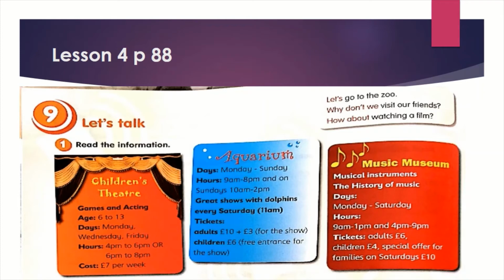First one, children's theater. It is about games and acting. The age, 6 to 13. Days, Monday, Wednesday, and Friday. And the hours, 4 p.m. to 6 p.m. or 6 p.m. to 8 p.m. And it costs £7 per week.